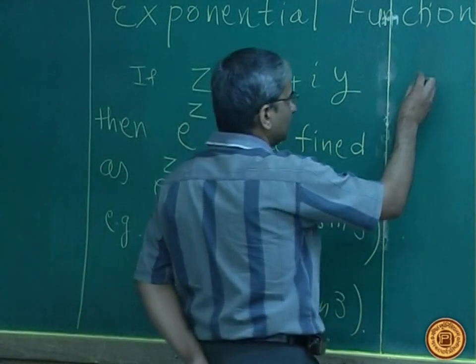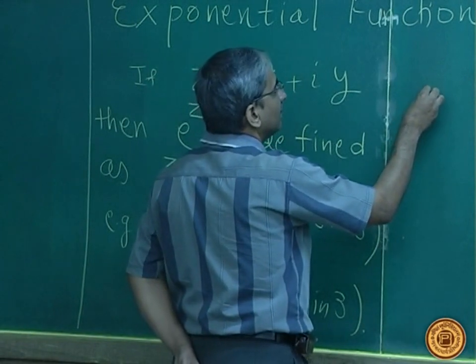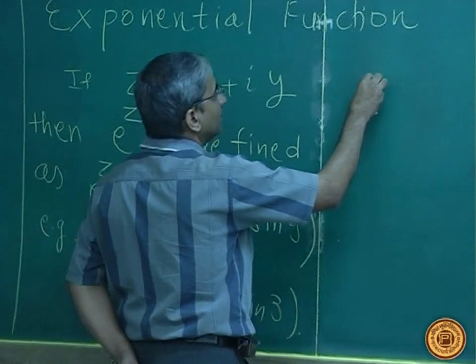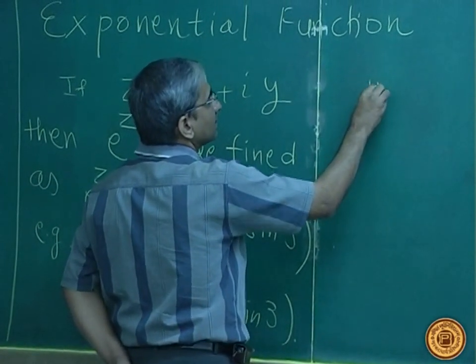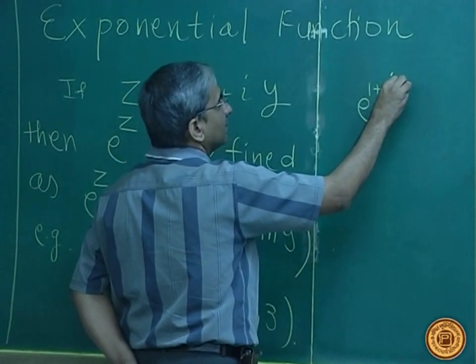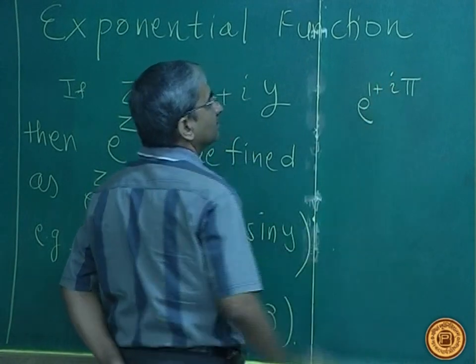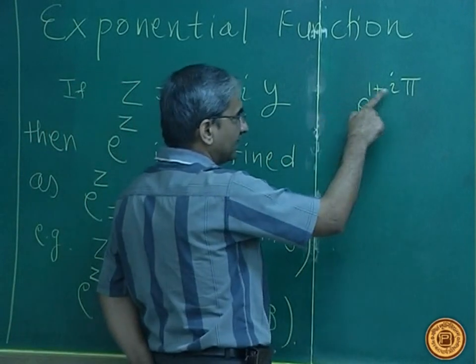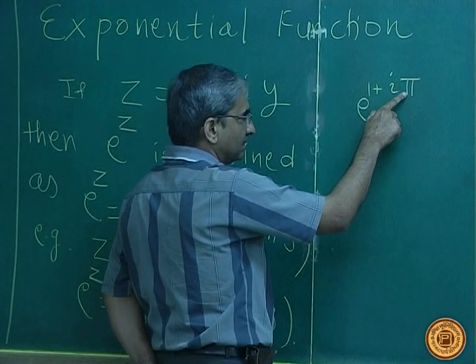Suppose you want e to the power 1 plus i times pi. So what is this? This is x, this is y.